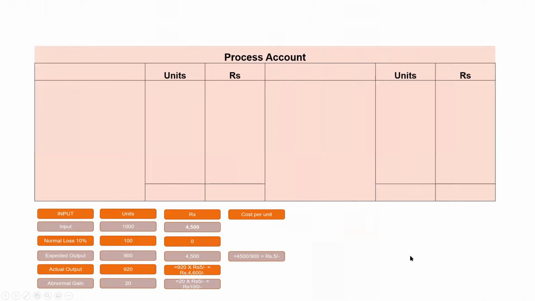Now let's move on to the process account. First of all, we'll take the cost incurred, which is 1000 units, 4500, as per our calculation. Then we take the normal loss of 100 units, with no cost allocated. Then we had the actual output of 920, which we allocated at the rate of 5 rupees per unit, so that will be 4600.